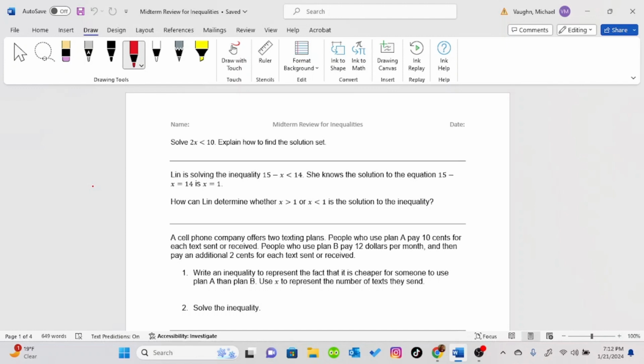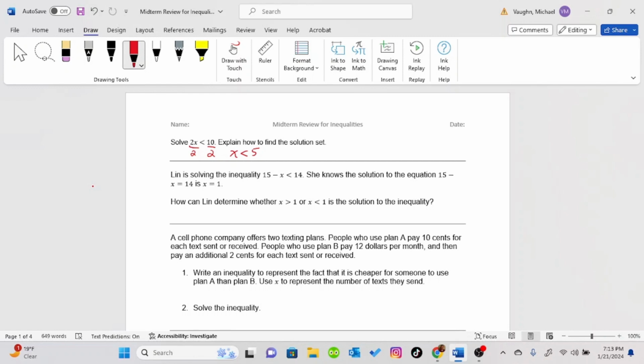So I need to get x by itself. 2x is multiplication. So we're going to divide by 2 to get x by itself. If we divide the left by 2, we must divide the right by 2. And now we end up with x is less than 5.